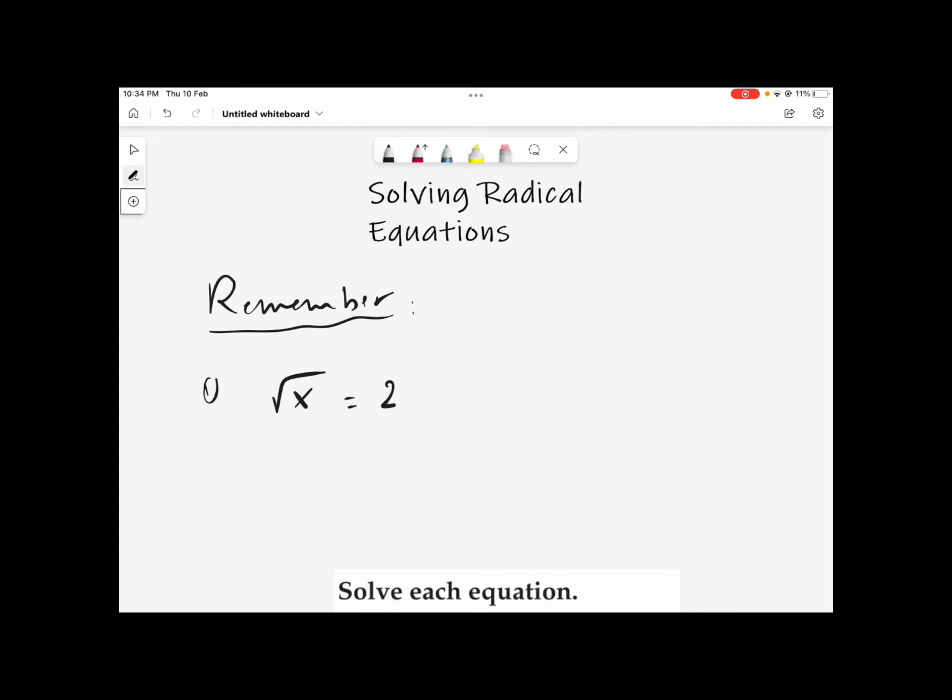The second thing is the opposite. What if you have x to the power 3 equal to 1? How to get rid of the power 3? The opposite of the power is radical.